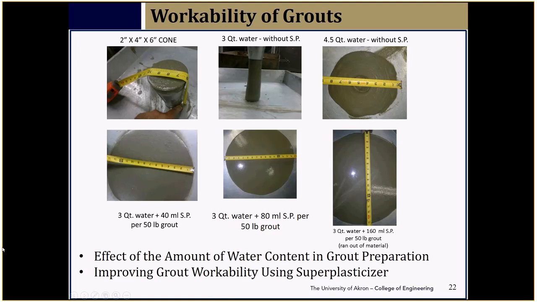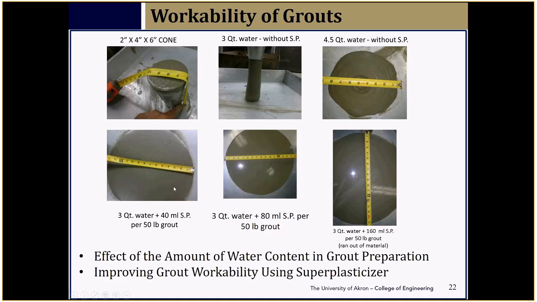Then we added the same 3/4 of water with 80 ml of superplasticizer, and you can actually double the amount of spread. If you add 160 ml, which is a larger amount, we know that, but if we do, the grout really flows smoothly over a very large diameter, to the extent that we ran out of grout from the cone. If we had more grout, it probably could have spread a little wider.